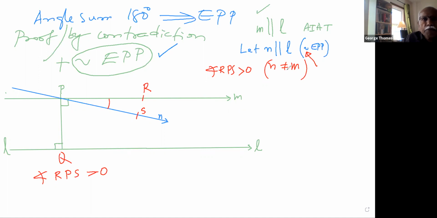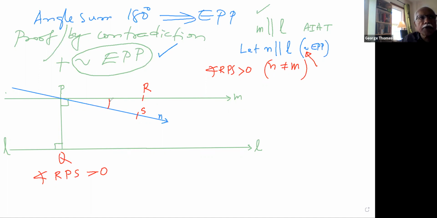By assuming the opposite of EPP, we are able to construct more than one line. That is why this angle is not 0. In order for us to continue, you need to understand why this is greater than 0. Vagishan, do you get it?